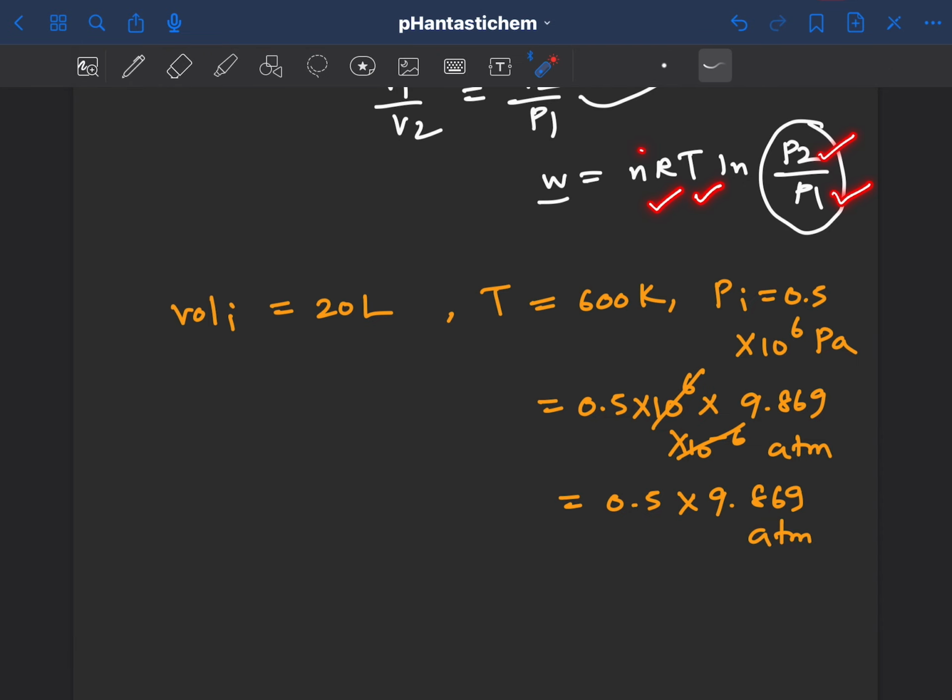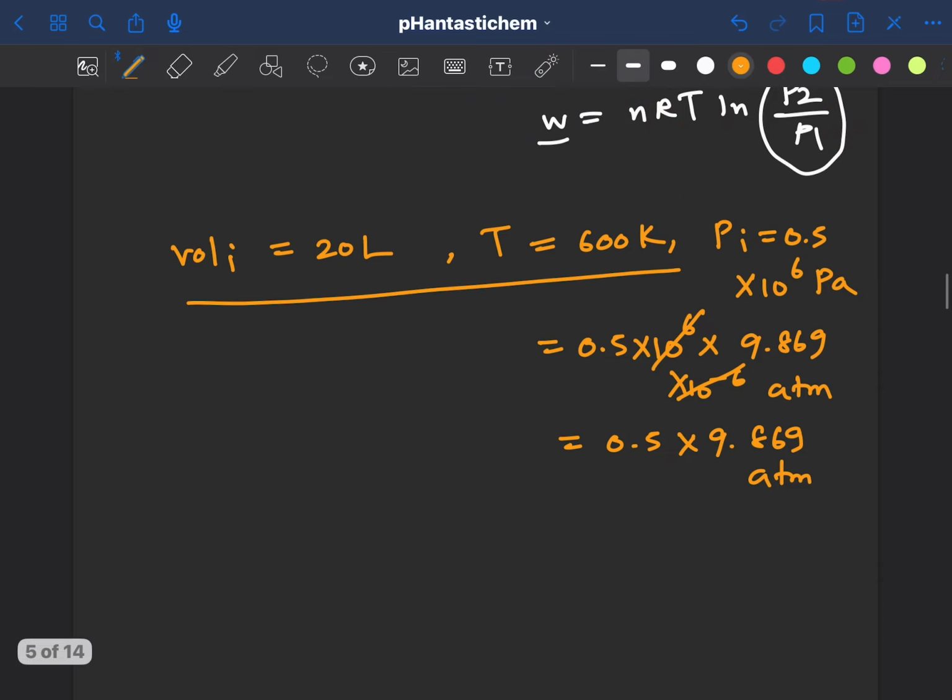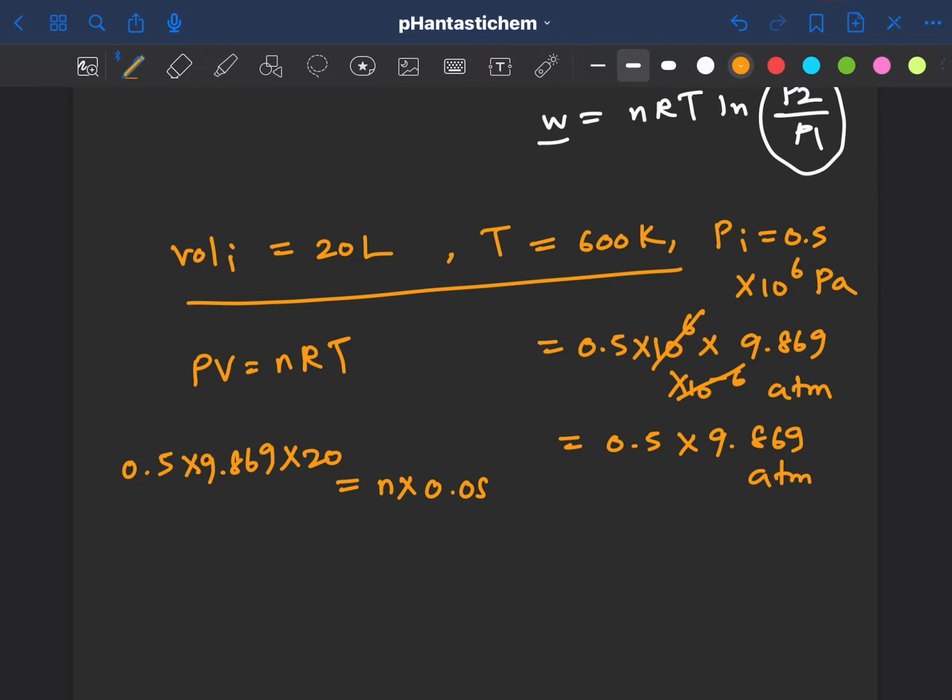Okay, so we know the temperature, we know the gas constant, we know the final pressure, we know the initial pressure, but we don't know the number of moles. To find the number of moles, we can use these values, that is PV will be equal to nRT, right? The initial pressure is 0.5 into 9.869, the initial volume given to us is 20 liters, which will be equal to n into R, which is 0.0821, and temperature is 600.